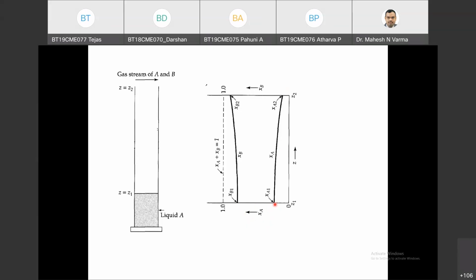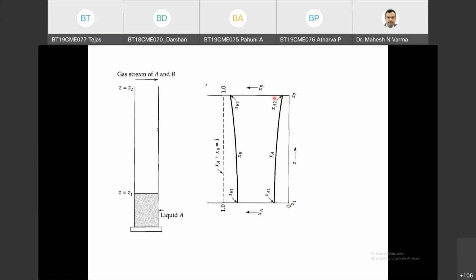The concentration of A is decreasing. Say this is 20%, then this will be 10%. So here say XA is 0.2. XA1 is 0.2, so XA2 will be 0.1.